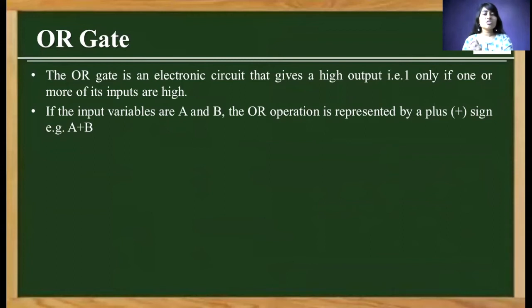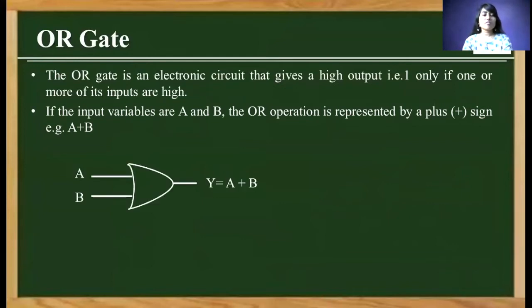Here plus represents the OR operation, so it is read as A or B. Remember, OR operation and addition are different things. So A or B and A plus B work differently.